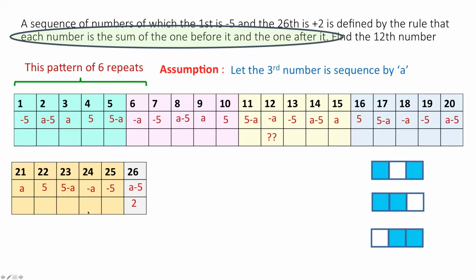Now once you have hit the a -5, you observe something. The observation is this a -5 is actually equal to +2, because the 26th term is +2. So that gives you an equation: a -5 is equal to 2, which can be solved for getting the value of a. So a -5 is equal to 2, which means a is 7.